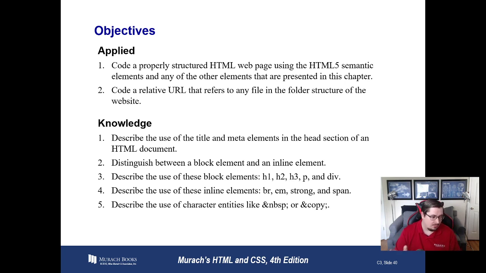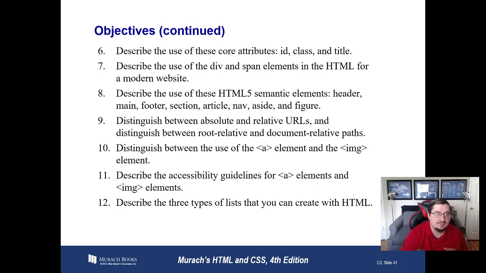BR tags, by the way, are empty tags if you're using them. EM is for emphasis, strong is for making things louder, typically makes things bold, and span tags are for just general styling. We talked about entity symbols, including NBSP for non-breaking space, copy for copyright, AMP for ampersand, and some of the quote entity symbols as well.